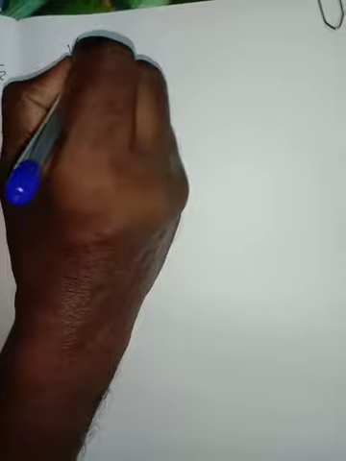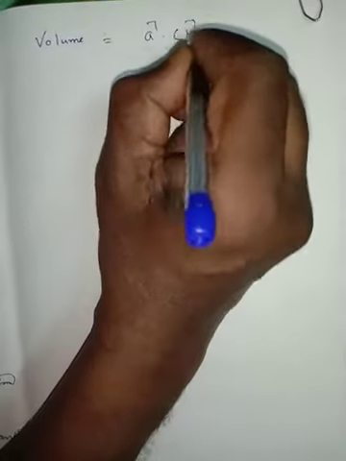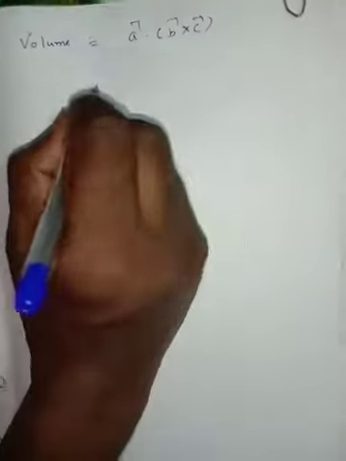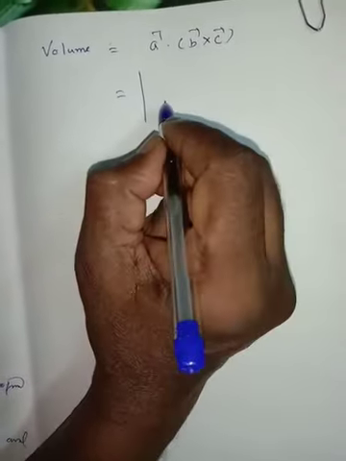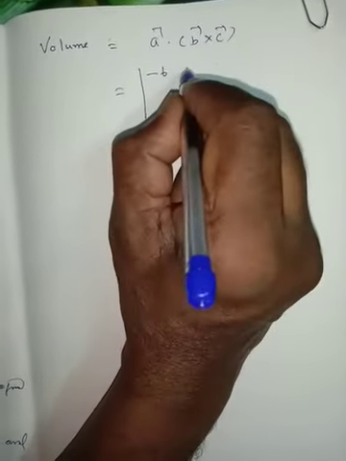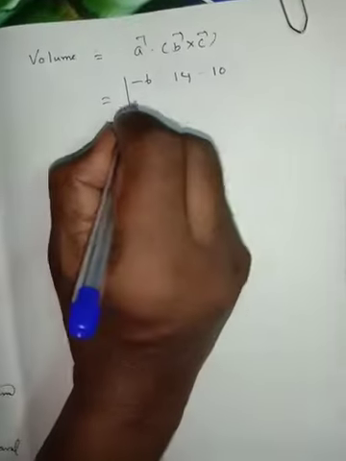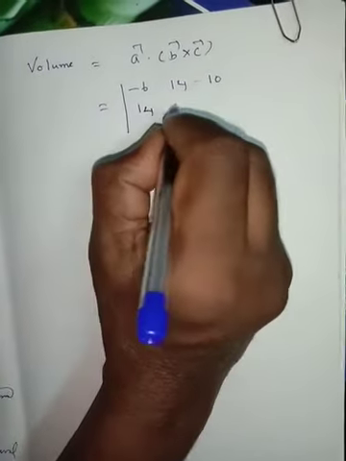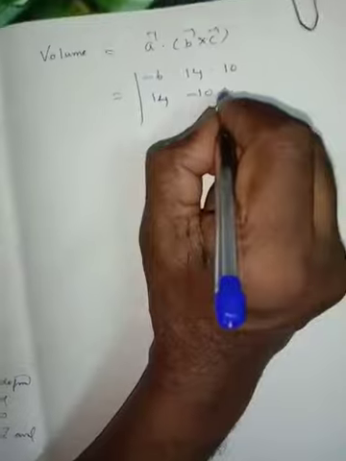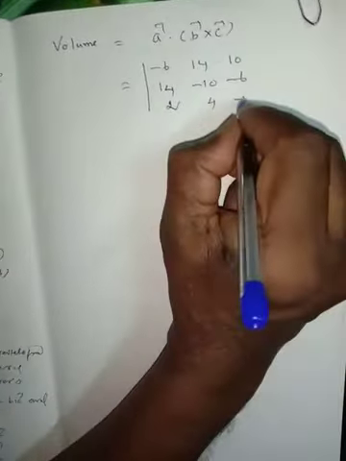Now the volume of the parallelepiped is equal to a dot (b cross c), that is the box product of a, b, c. The box product means taking the coefficients: -6, 14, 10; 14, -10, -6; 2, 4, -2.